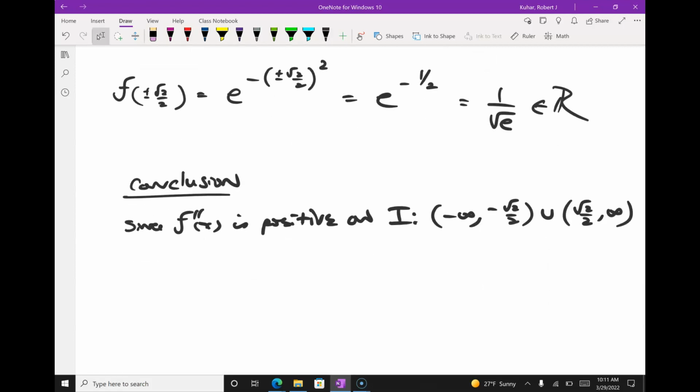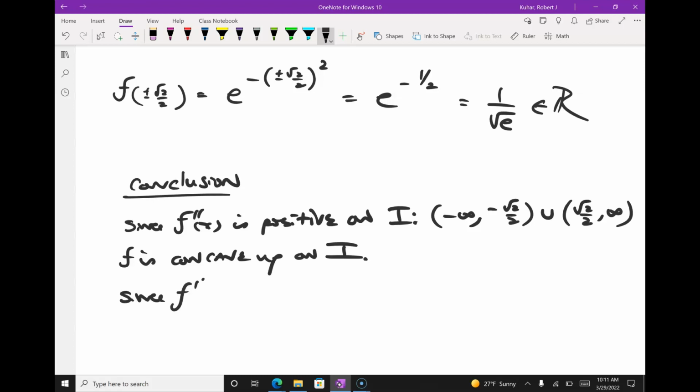Since f double prime of x is positive on I, the interval from minus infinity to yada, yada, yada, f is concave up on I. Right? Positive people, smile.